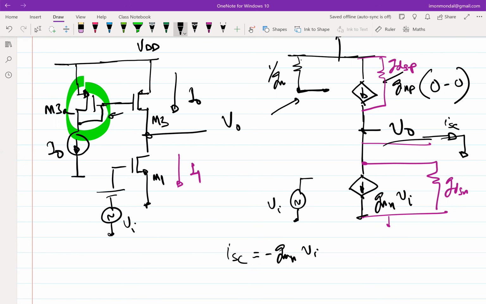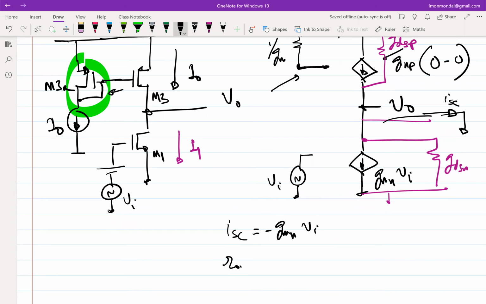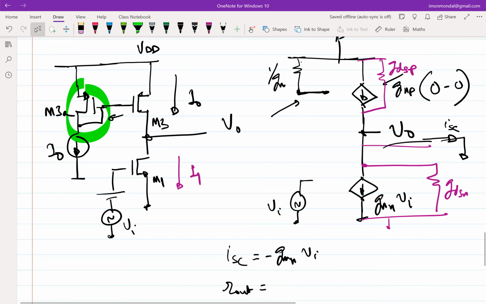And what will be Rout? You incrementally short VI, which means there is no incremental current, and the GMN times VI goes to 0. The current contribution of the transistor on top is also 0, simply because I am not exciting the gate to source voltage.